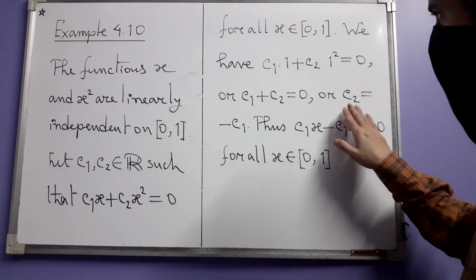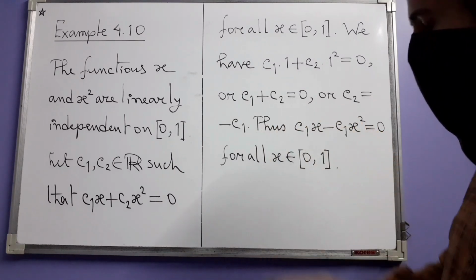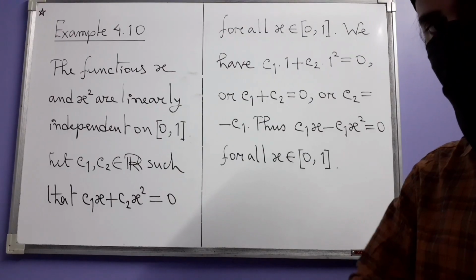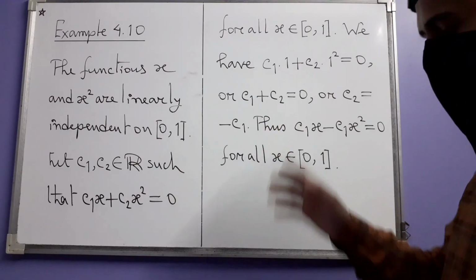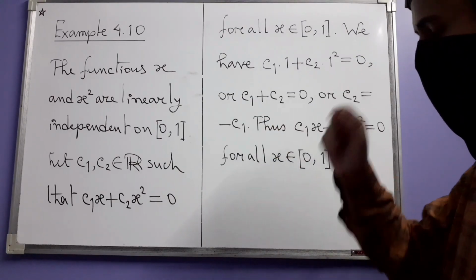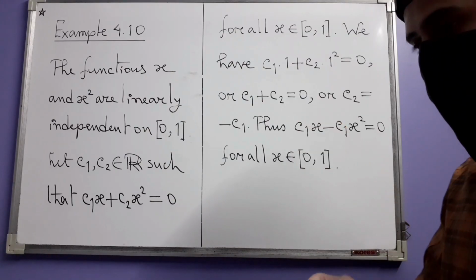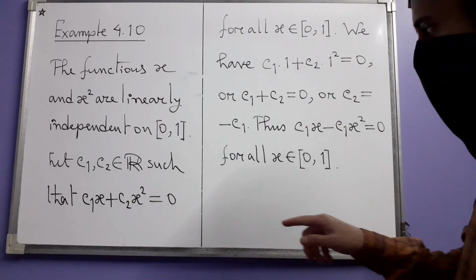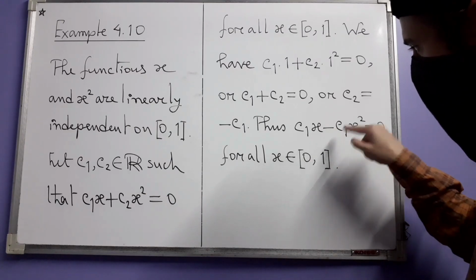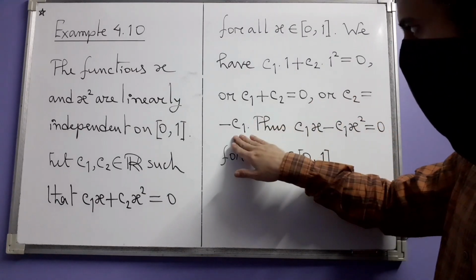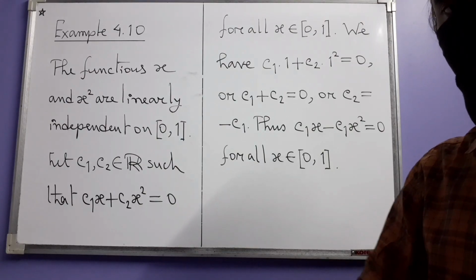That's because although we have used a specific value of x to find this relation, the fact that c2 is minus c1 is independent of x because this does not have any x. So that is why for all x, c2 is minus c1. In fact, this being equal to minus of this has nothing to do with x.